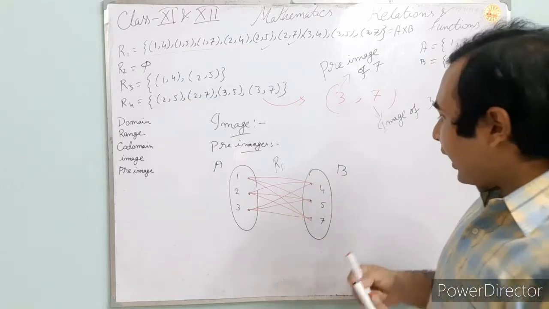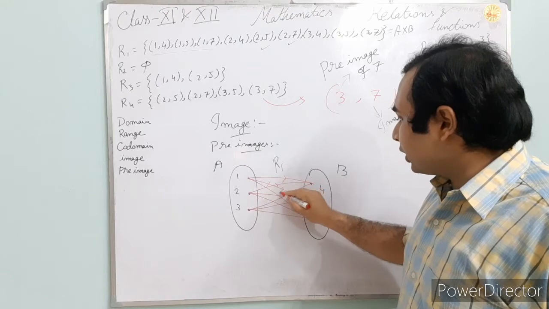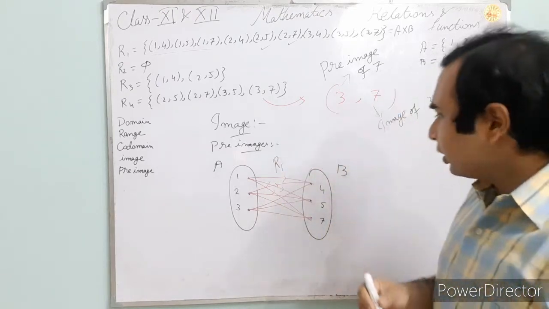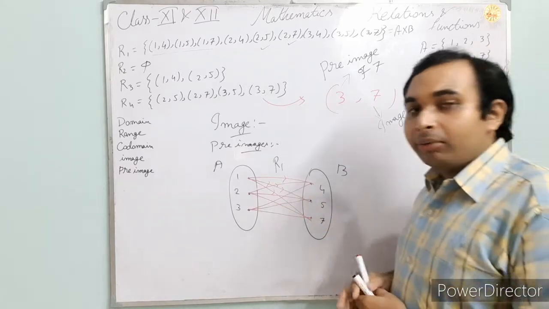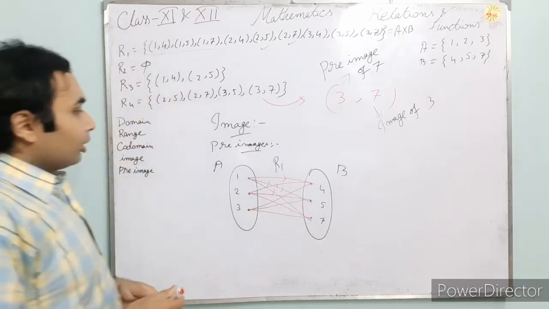Those are called arrow diagrams. You can give the arrows; I am not drawing them here because it would look clumsy. So this is the arrow diagram of the relation R1.